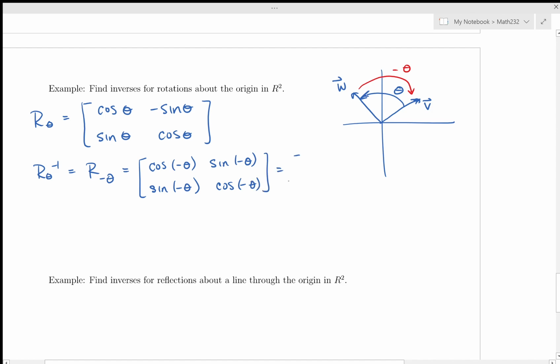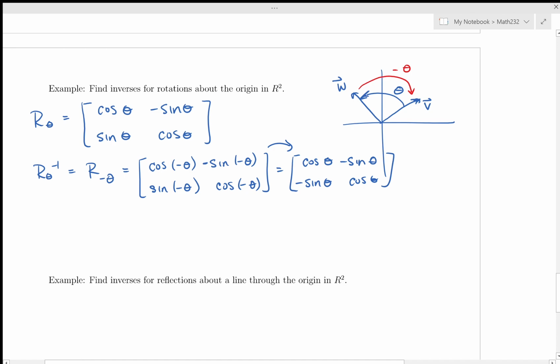And that is cos theta, sine theta, minus sine theta, cos theta. This last step here is based on the fact that the cosine function is even and the sine function is odd. Okay, so I've got that there. Let's see. Hang on, something might have gone wrong. There should have been a minus sign right here.